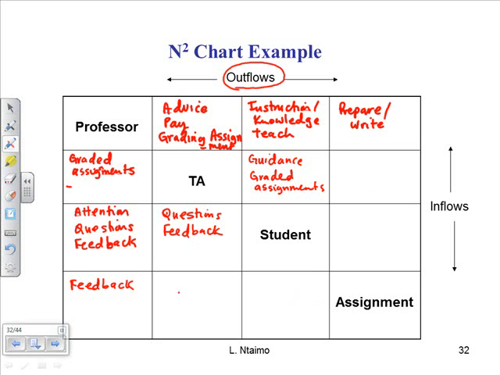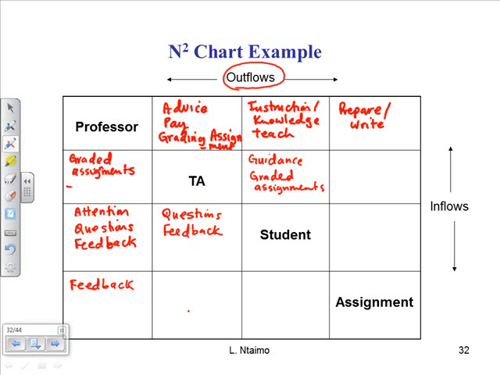And assignment back to the TA. We can leave this one blank too. Anything that the assignment can provide to the TA? Yeah, if you feel that strongly there should be something here, then we can put something here.